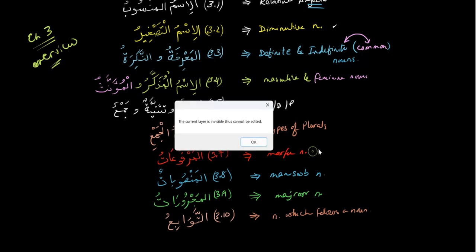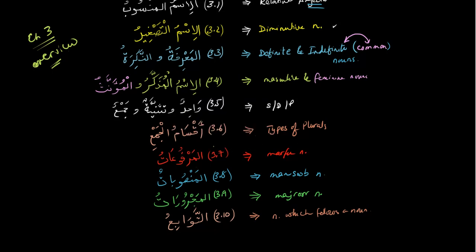Today inshallah we shall talk about the marfu'at, that is nouns that are always marfu. So section 3.7, this is what it is.